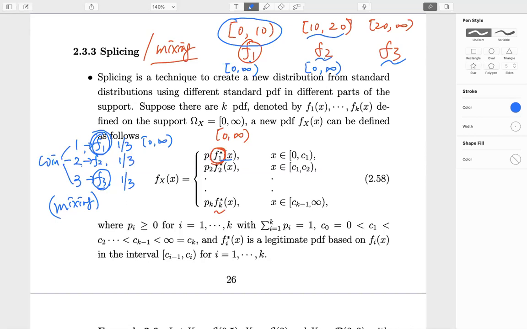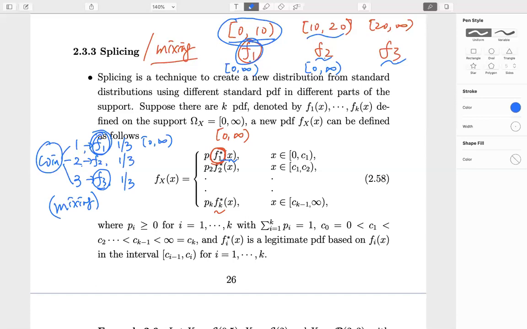That is why mixing is more complicated, because there is an additional layer of unknownness, an additional uncertainty which comes from the result of the coin. But here there's none. I just pick the value of X, then I know which F I use, and I only use a specific portion of that F. For example, only 0 to 10 matters for F1.